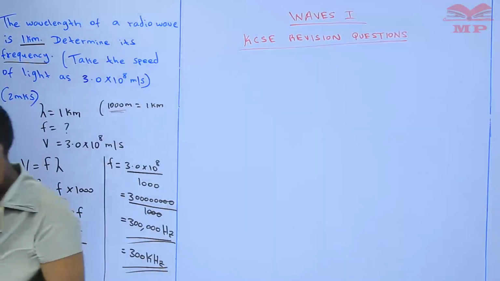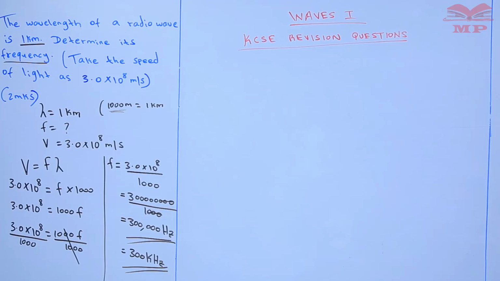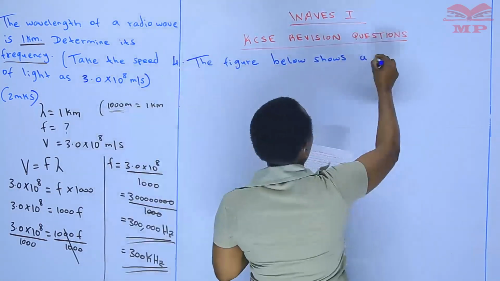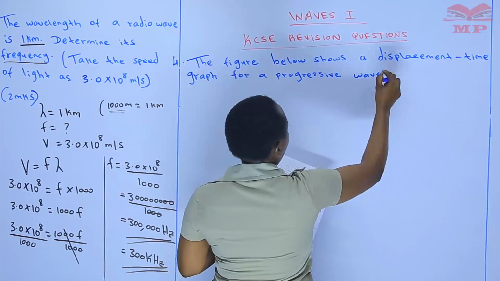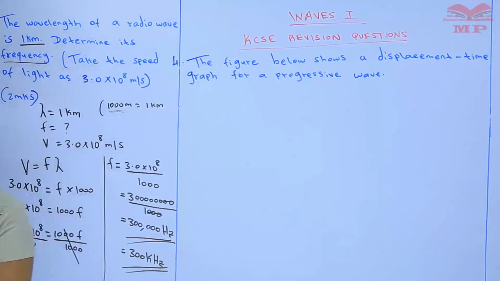So question number 4, we have the following. Here we have a displacement time graph for a progressive wave.